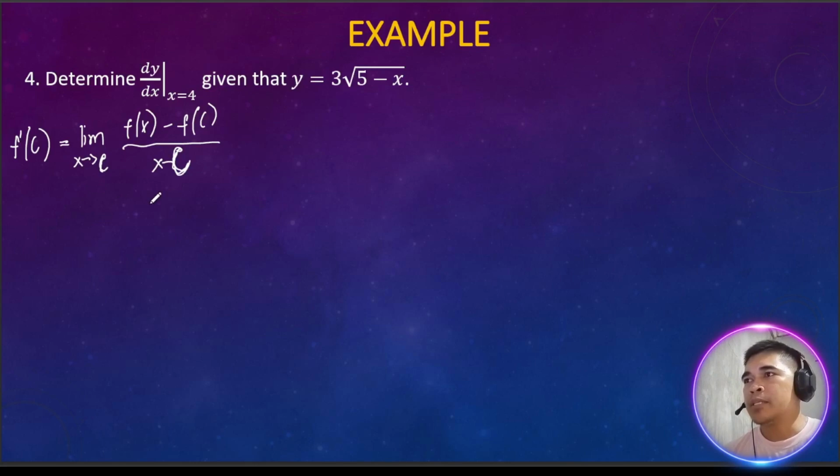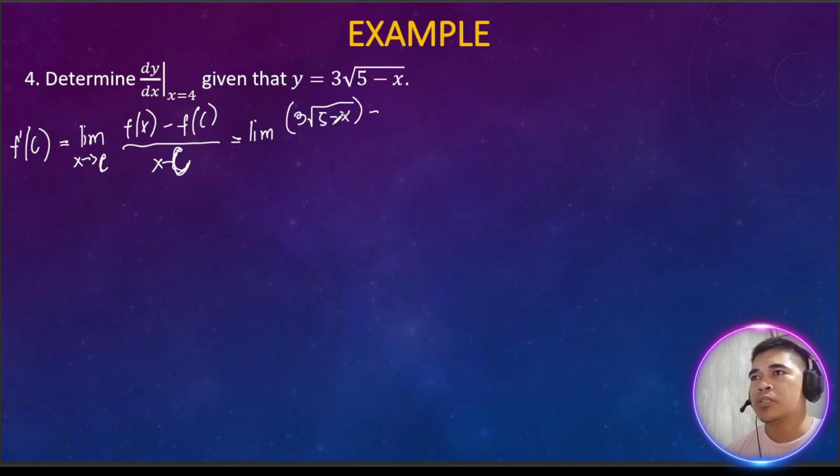So applying this alternative definition, we get equals limit. So we have f of x, we get 3 square root of 5 minus x minus our f of c. Take note our c is 4. 3 square root of 5 minus 4 all over x minus c.